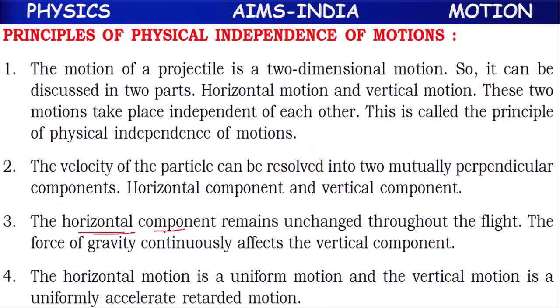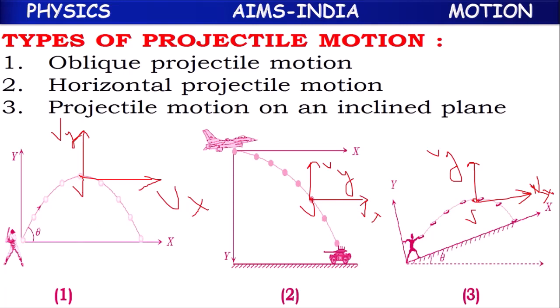The horizontal component remains unchanged throughout the flight, but the force of gravity continuously affects the vertical component. In the beginning we applied a horizontal force, but after that, without any fuel or force, it moves by itself. It is affected only by the gravitational acceleration.